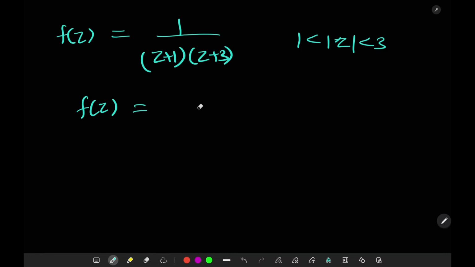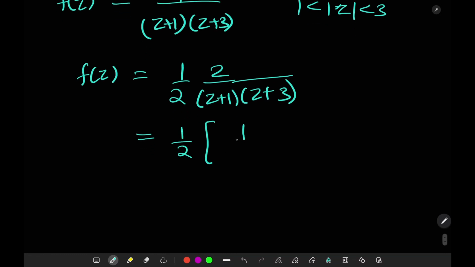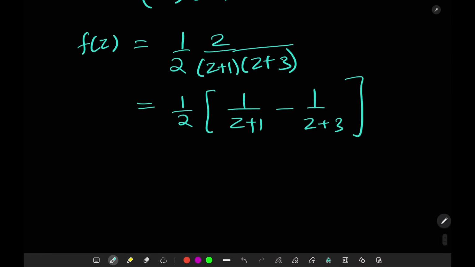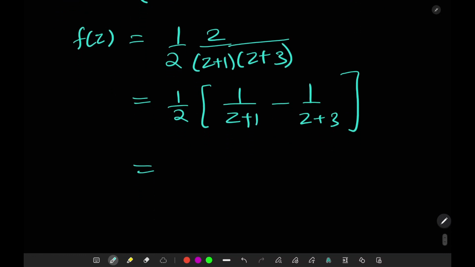First of all, we need to make the terms separate, so multiply by 2 and divide by 2, and we can write this term as 1 by (z plus 1) minus 1 by (z plus 3). So the condition is given: 1 is less than mod z and mod z is less than 3.